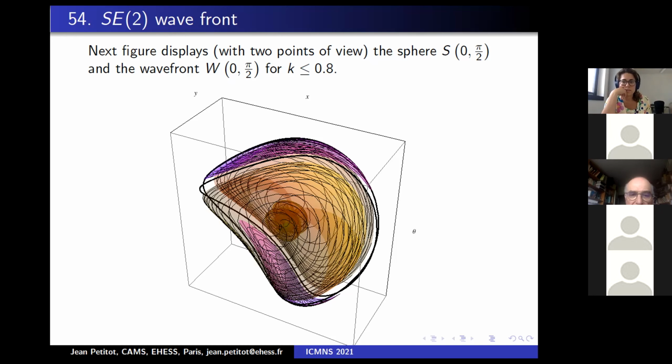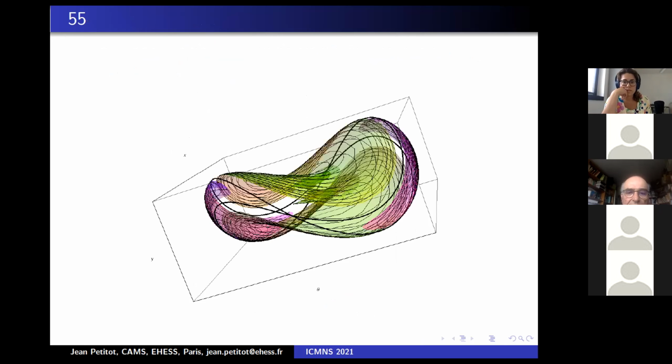And here is another perspective. And by transparencies, you see, as in the Heisenberg group, the circles of cusps converging to the origin.